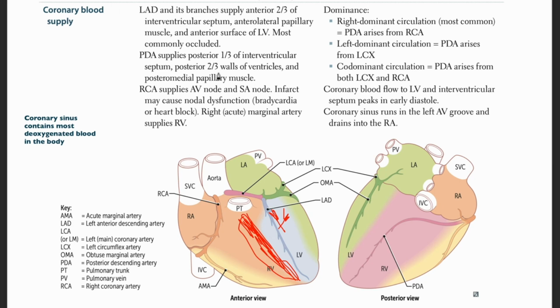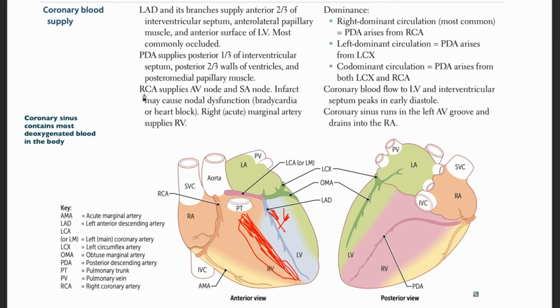So which artery is it and what other structures can get affected? Then you need to know that's like PDA, and the structures that get affected are the posteromedial papillary muscles, 1/3 of the interventricular septum, and the posterior walls of ventricle, around 2/3 of it.